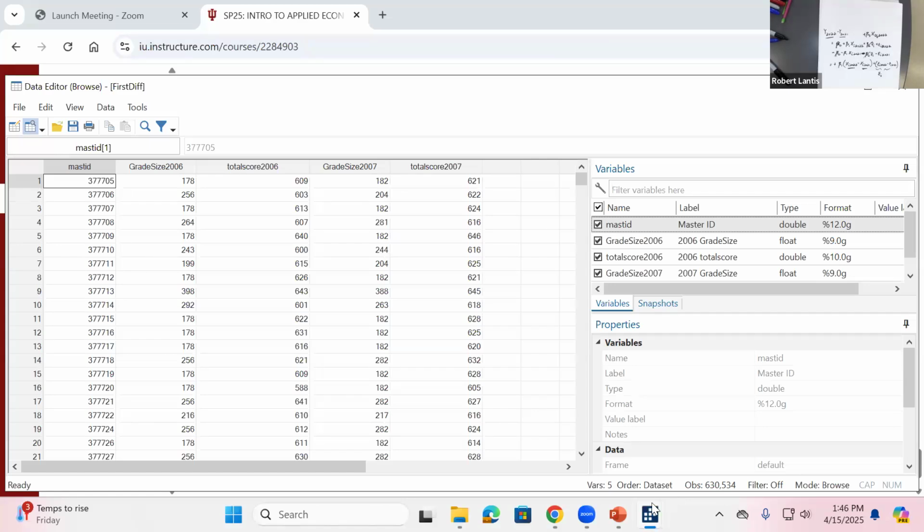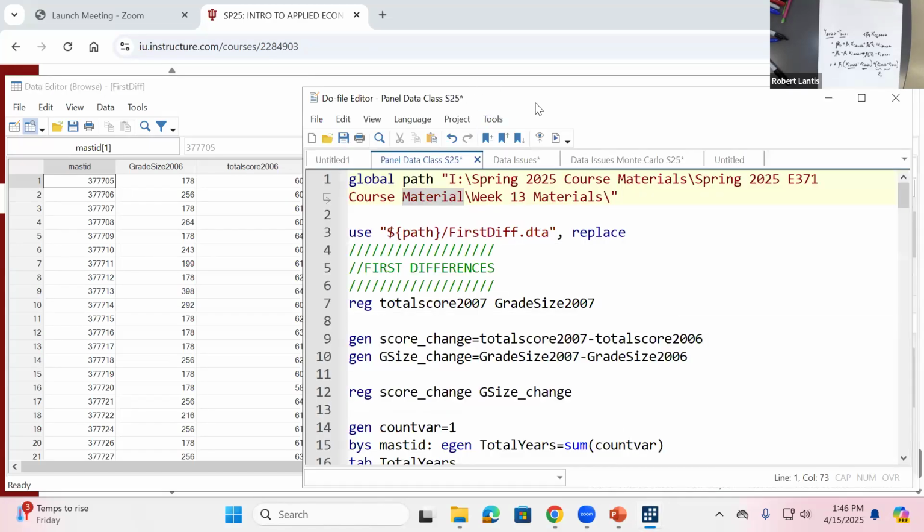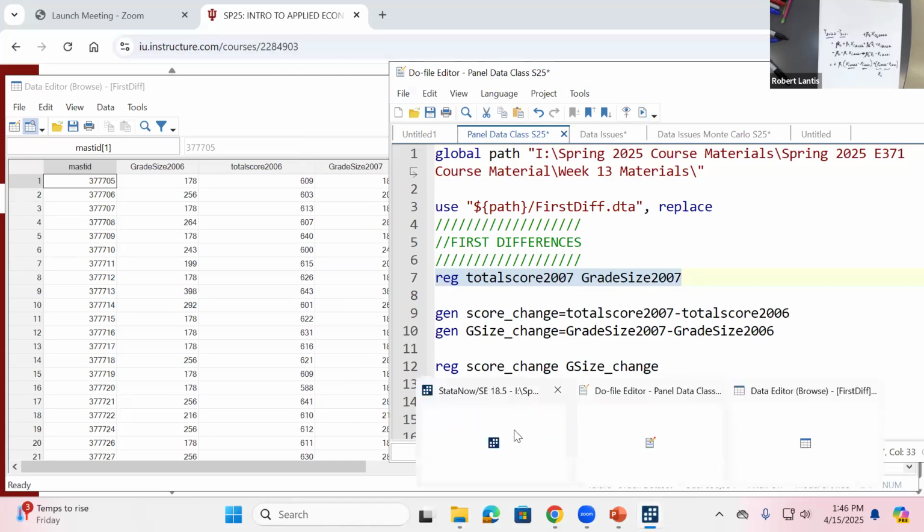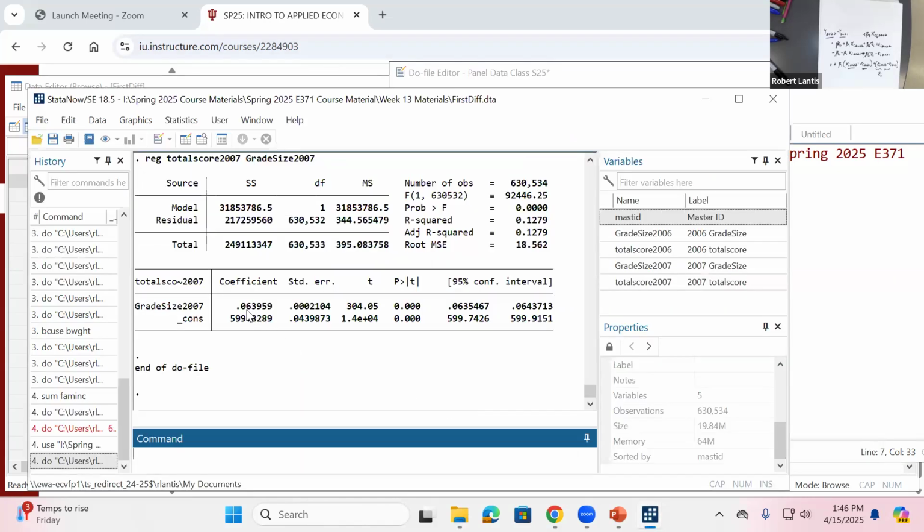So if I wanted to do a first difference approach with this data, but I try to just run this regression with just one time period, so just 2007, so I'm not using a first difference approach, I end up thinking that grade size has a positive, statistically significant impact on test scores, right? Or total scores in the I-step. I think this is math and reading added together, or however they do it.